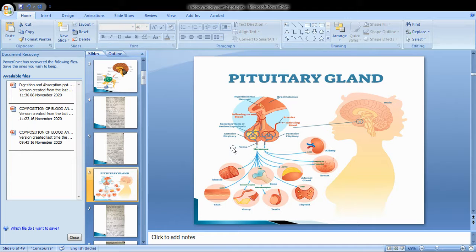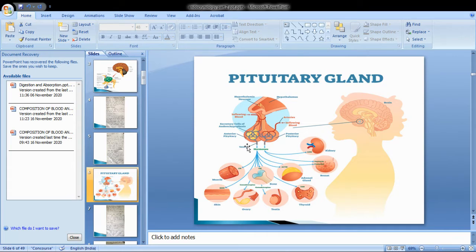It produces several tropic hormones, like adrenocorticotropic hormone and thyrotropin, as we discussed earlier in the hypothalamus, that influence other endocrine glands and organs either directly or indirectly.